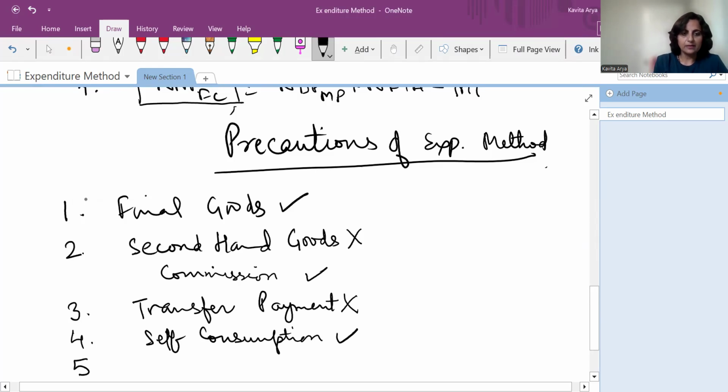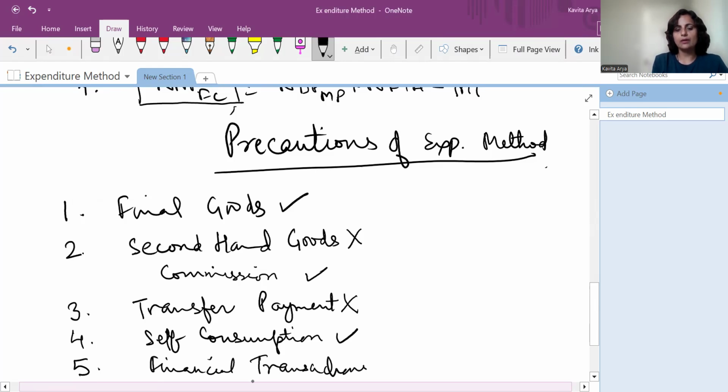And again, similar to the previous method, the expenditure on the financial goods. And what are the financial goods? All those financial papers which talk about the purchase and sale of shares, debentures, bonds. So financial transactions and any expenditure there are not a part of the expenditure method of national income.